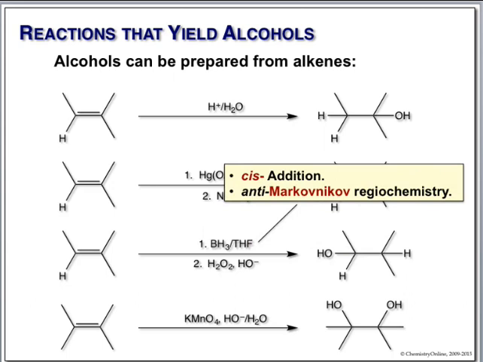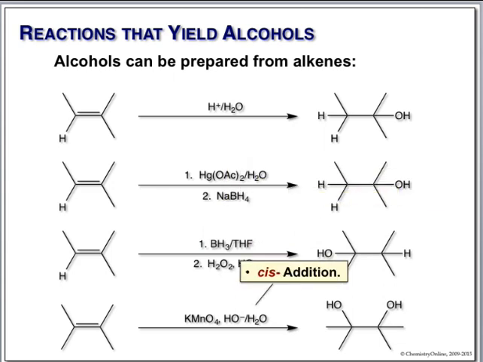Hydroboration oxidation. This gives us cis addition for the hydroxyl group and hydrogen, and again, anti-Markovnikov regiochemistry. And making diols, we know that we can use alkaline permanganate with an alkene, and we form a cis 1,2 diol. Those are things that we know.